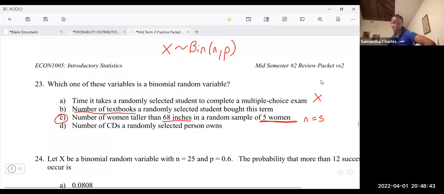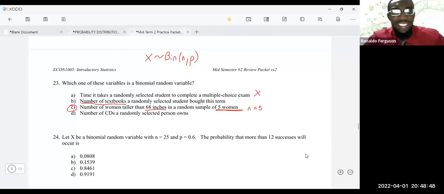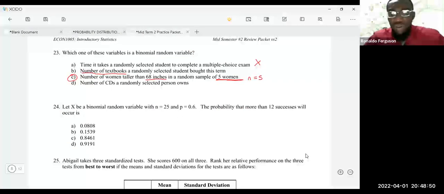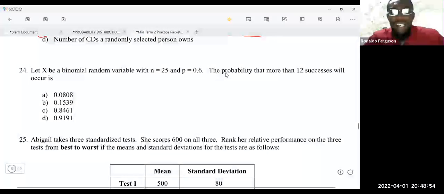Let's see. Now, is it question 24? Ah, this one is rough. When I say rough, I don't mean hard. Look at where it really asks: the probability that more than 12 successes will occur and n is 25. That's crazy.